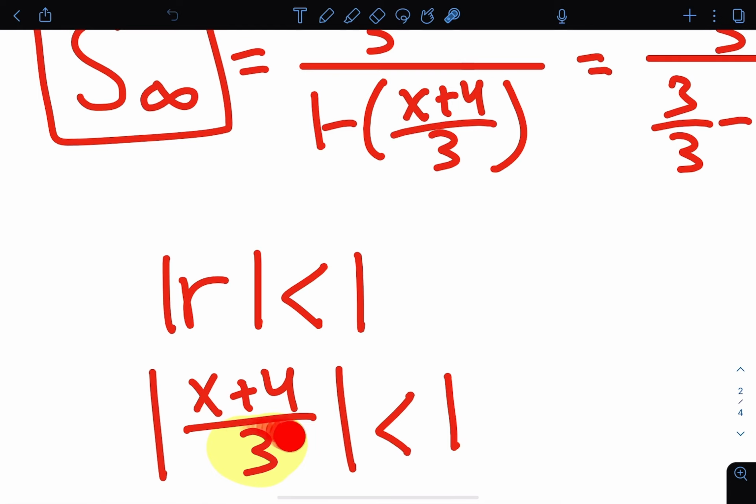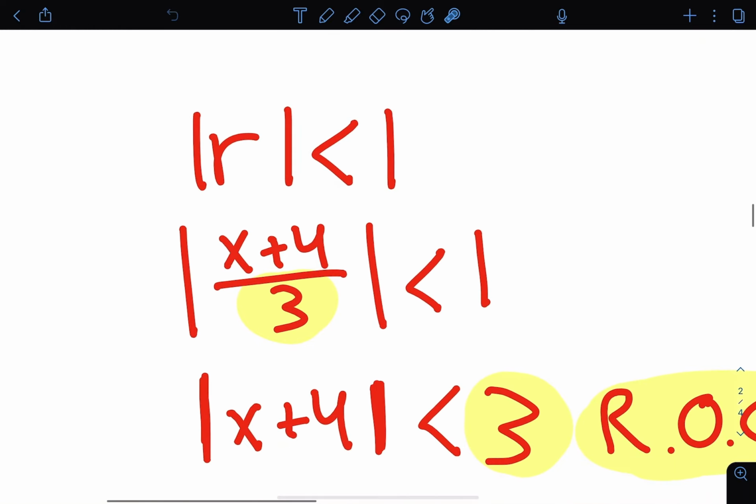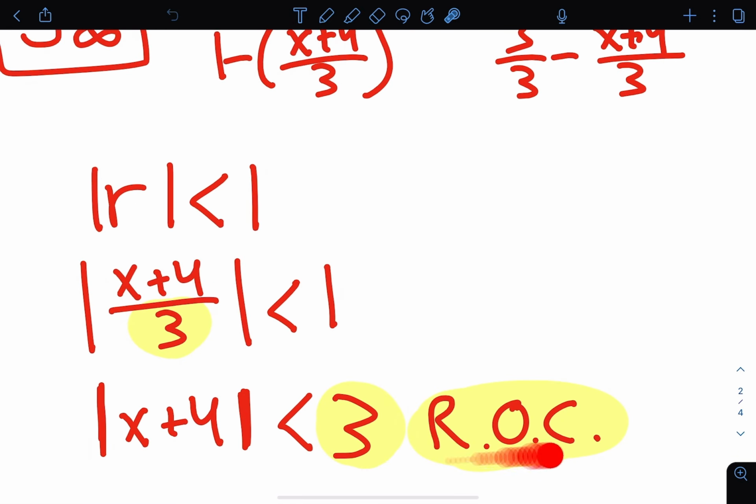I can take dividing by 3 out of the absolute value, because dividing by 3 is not going to change what is in the absolute value. If a number is negative, it would stay negative even if I divided it by 3, same thing if it's positive. So if I take that 3 out, I can multiply it to the other side, and I get the absolute value of x plus 4 must be less than 3. That's my radius of convergence.